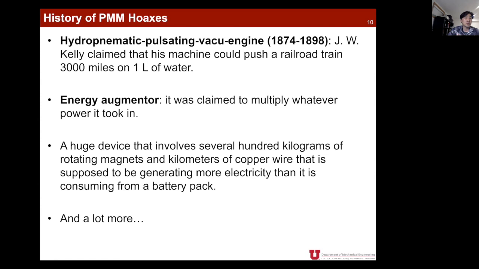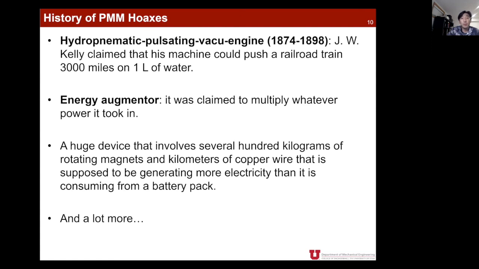So these are certain examples of PMM machines. In 1874, one person, he is a kind of scam artist, claimed a hydropneumatic pulsating vacuum engine, and what he said is that this type of machine could push a railroad train 3,000 miles on 1 liter of water.